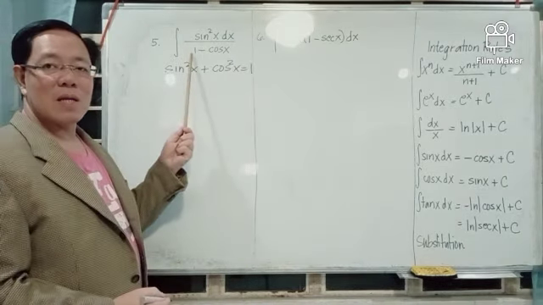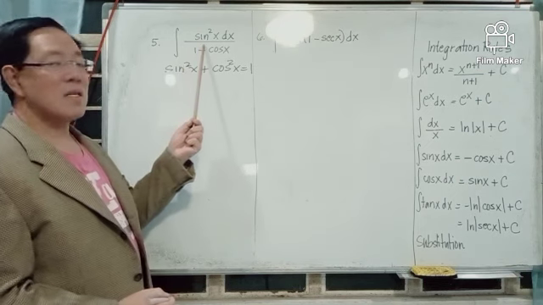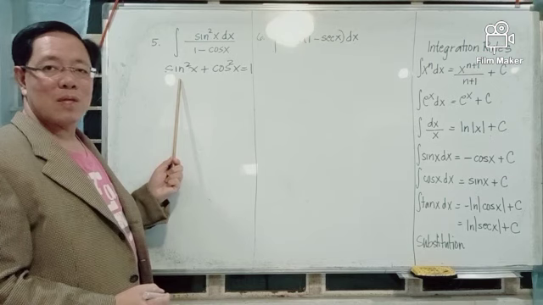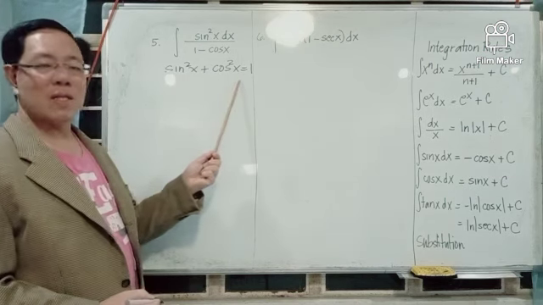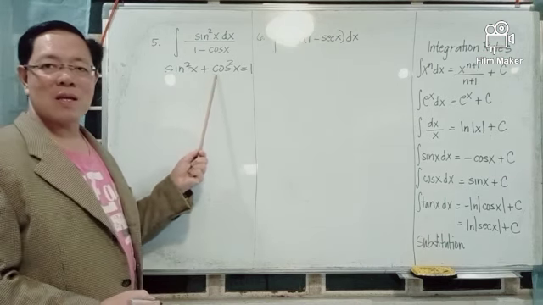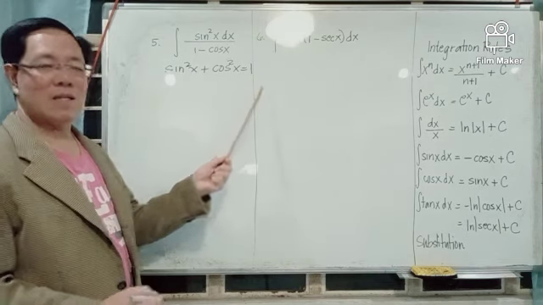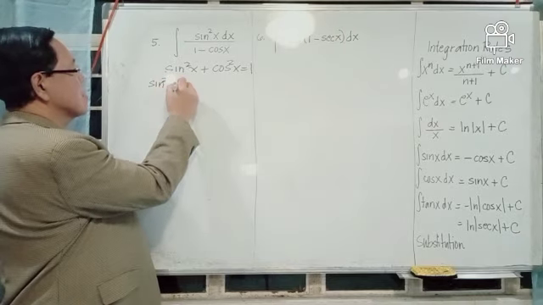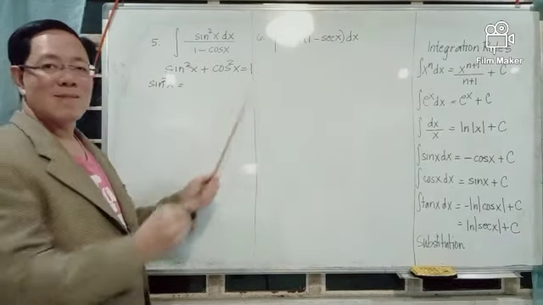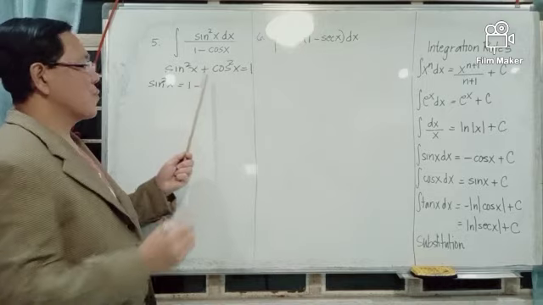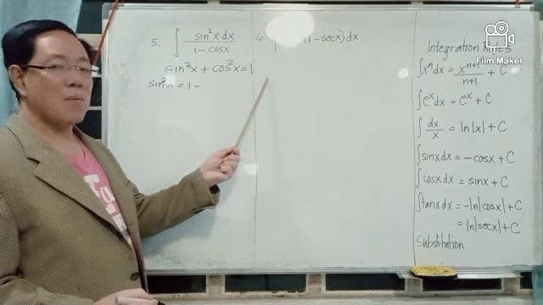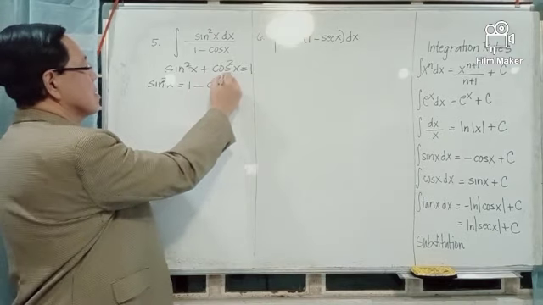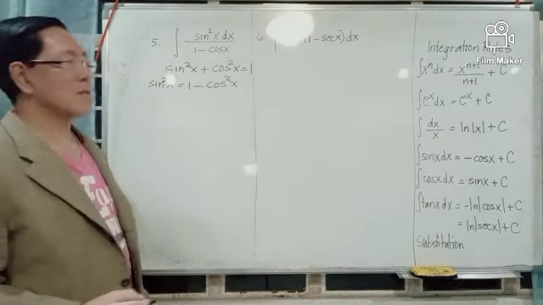In the given integral, we have sine squared x in the integrand. Hence, we solve for sine squared x from this Pythagorean identity by transposing cosine squared x to the right-hand side. We have sine squared x is equal to 1. We transpose positive, we take the opposite sign, we get negative: minus cosine squared x.